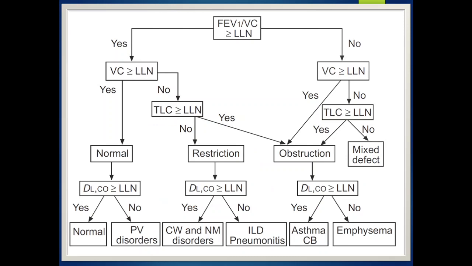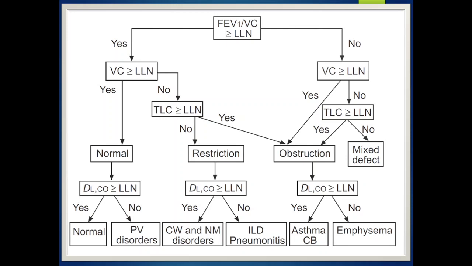So this is another algorithm that helps you in the interpretation of a spirometry, integrating spirometry, lung volumes, and DLCO. And I'll walk you through this. If the FEV1/FVC is more than the lower limit of normal, so it is normal, that is yes, and the vital capacity is normal, this is a normal test.